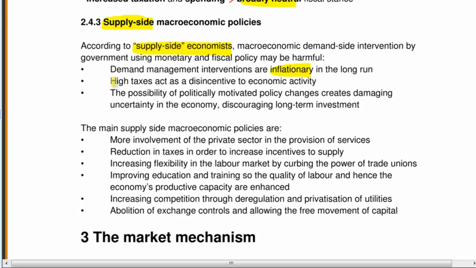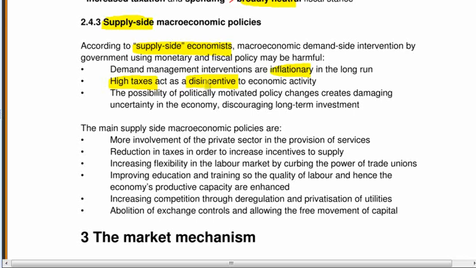They disagree with raising taxation as a measure of controlling the level of demand, because they think that if we increase taxation, that's a disincentive to economic activity. That will put foreign firms off from basing themselves in the UK. It will mean that some of our most capable employees in the economy will leave. They'll emigrate. They'll go and work somewhere else where the tax rate is a lot lower.